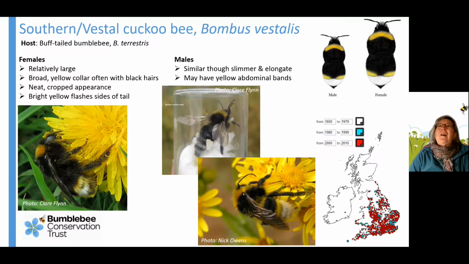The males are similar in their patterning. The yellow collar tends not to be quite so deeply coloured. And they can have a little bit of yellow on the abdomen as well, at the waist there. They are noticeably elongate and slim in the field.